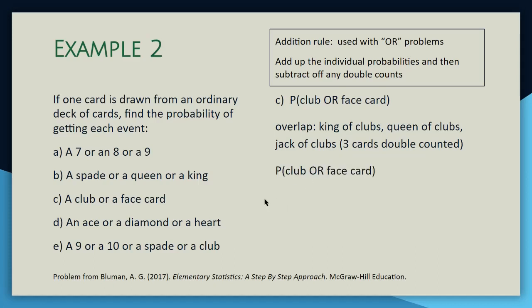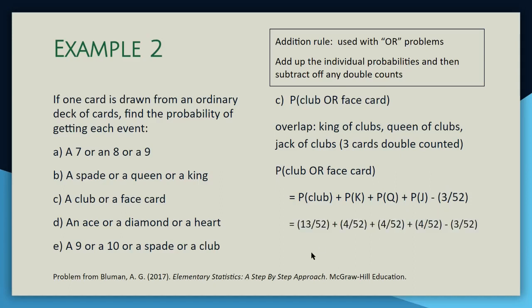So we're going to end up with club or face card, and face card is king, queen, jack, minus those 3 that we double counted. So we know a suit is 13. Each of the face cards has 4 in a deck, so 12 face cards, and then we're subtracting off those 3 that got double counted, the king, queen, and jack of clubs. And I got 22 out of 52, which is 0.4231.